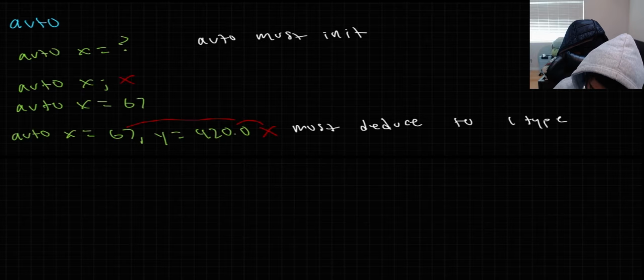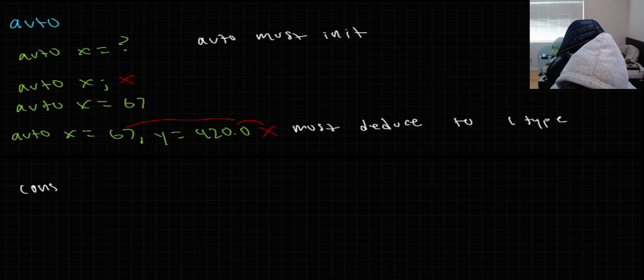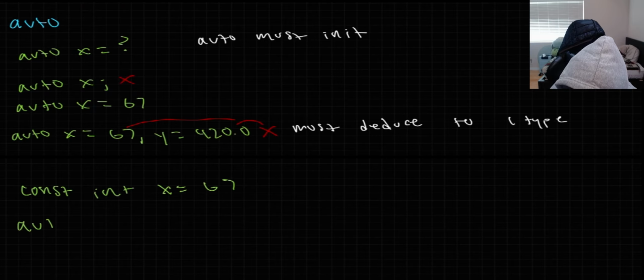In the event we have a constant, so let's use green for that. In the event we have a const int x equals 67, and then we do auto a equals x.